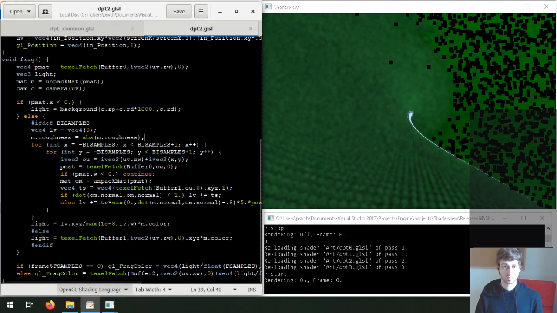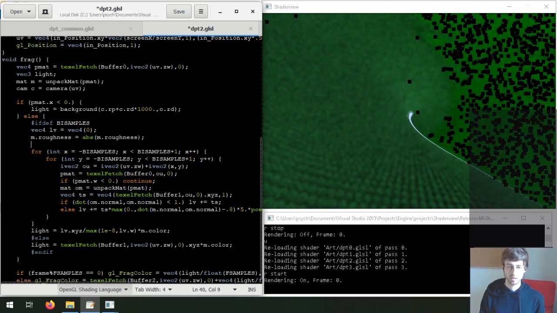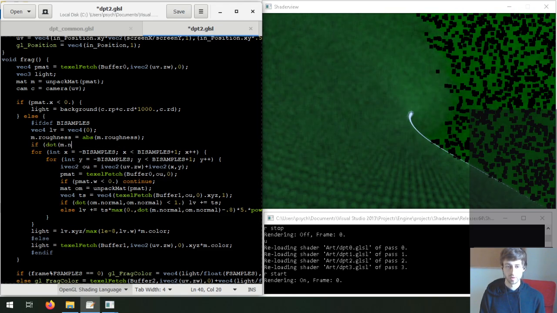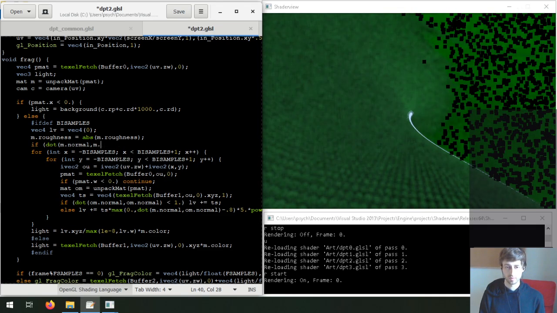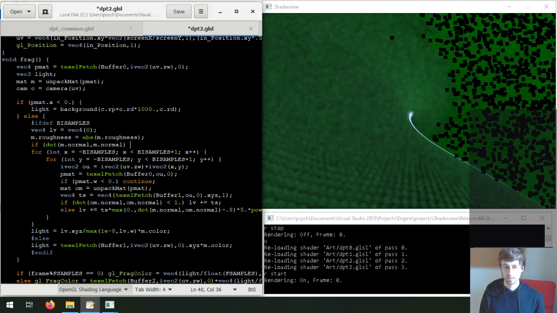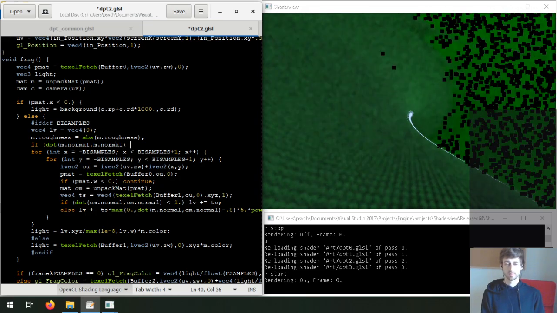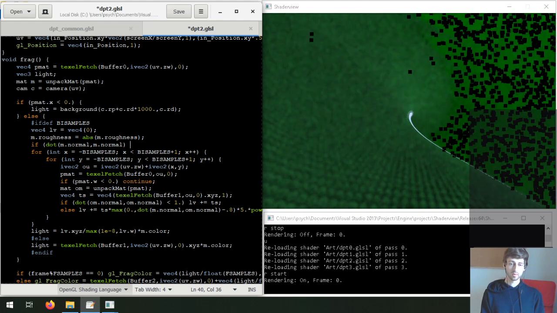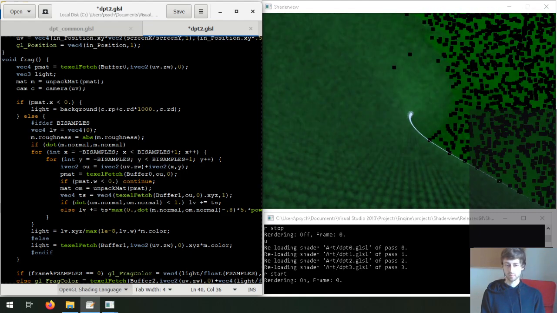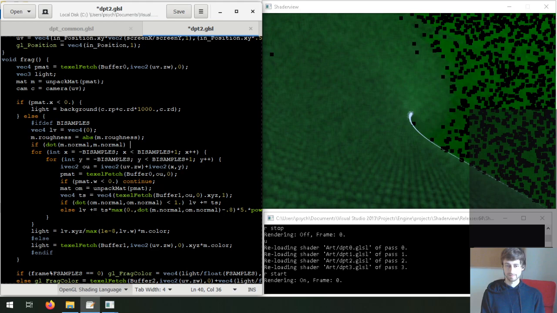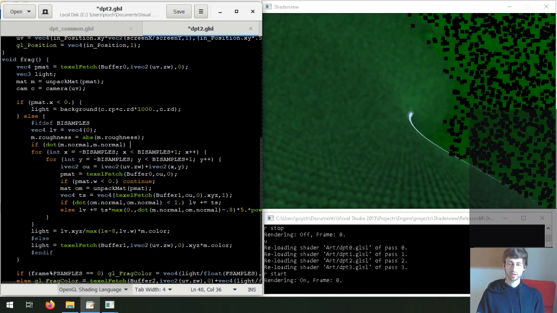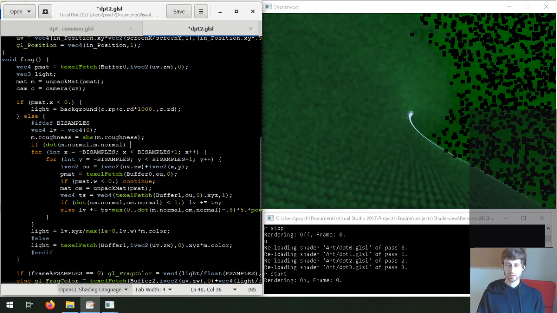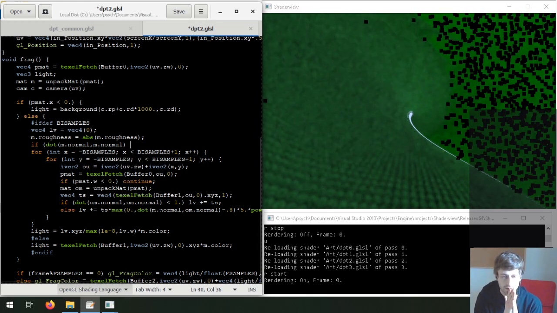And then here, we can just check if this normal isn't good. We can just set it to 0 or something. If we set it to a really high value, it'll probably almost always end up being... No!